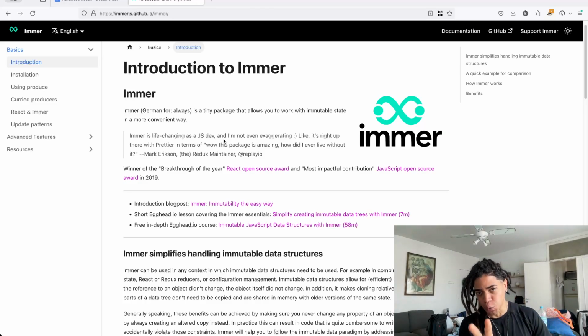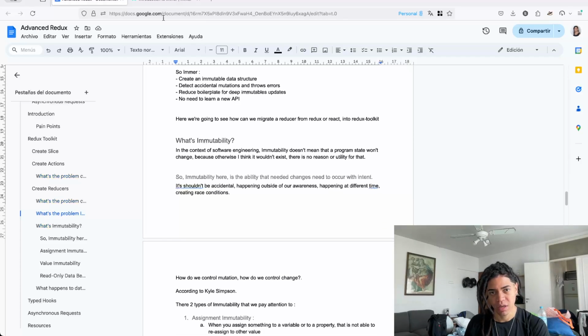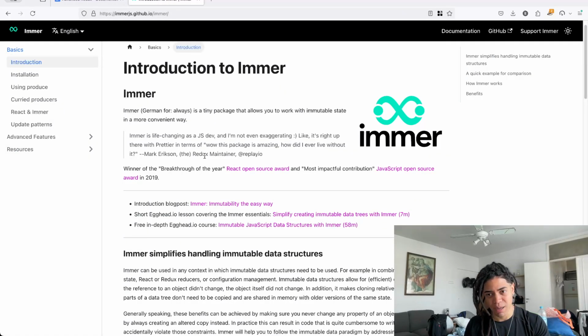So there are two important immutability types that we need to pay attention to here, or two types of how we can control this mutation.